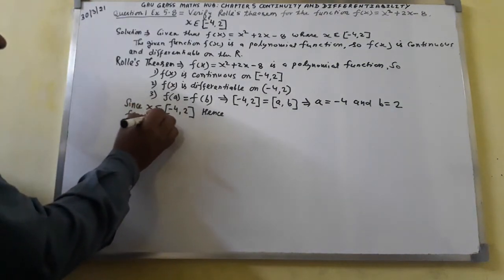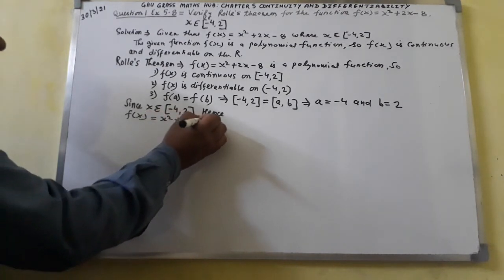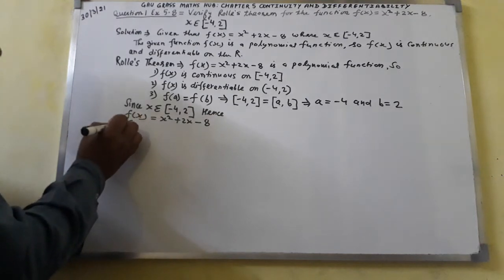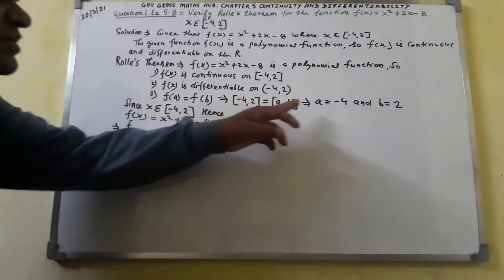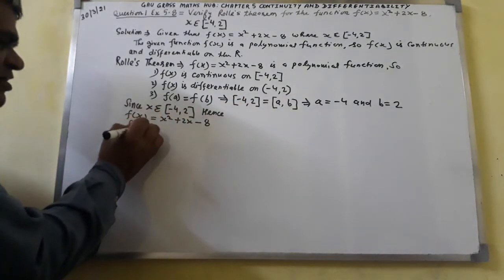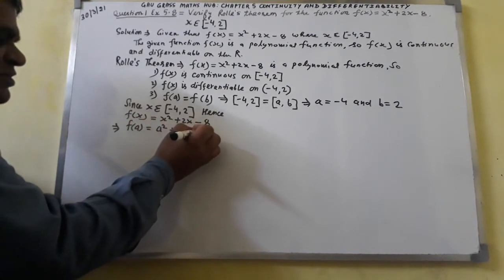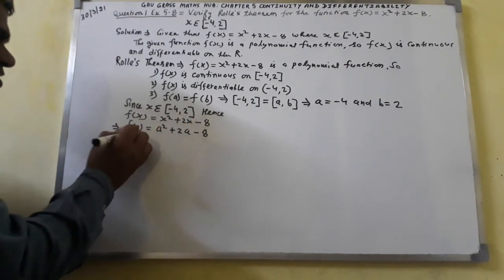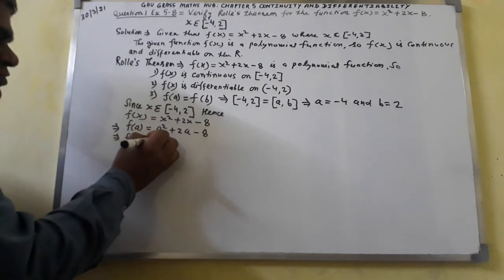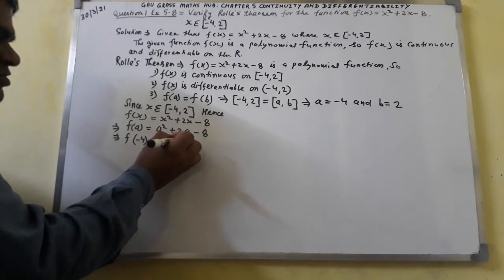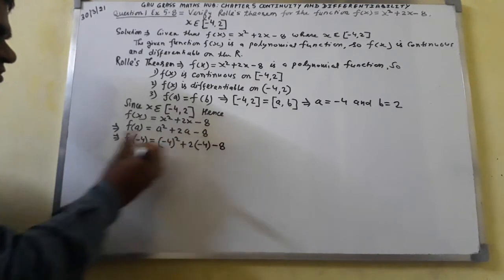f of x is equal to x square plus 2x minus 8. In place of x I shall write a: f of a is equal to a square plus 2a minus 8, implied that f of -4 is equal to (-4) whole square plus 2 times (-4) minus 8.